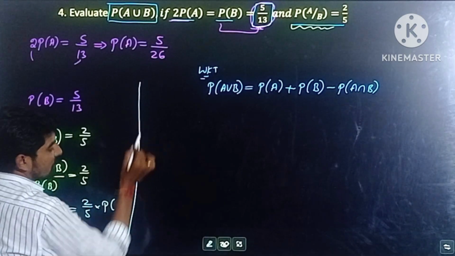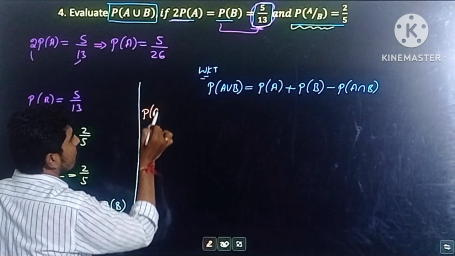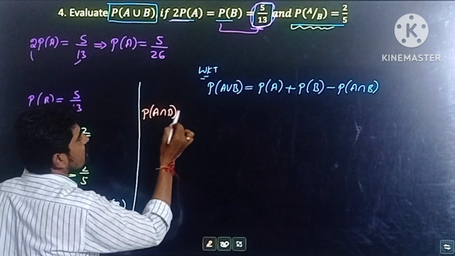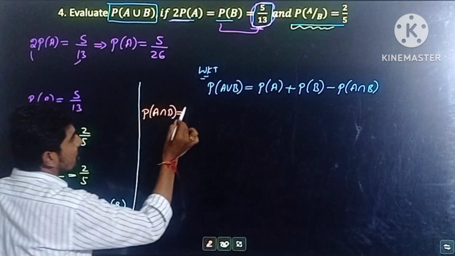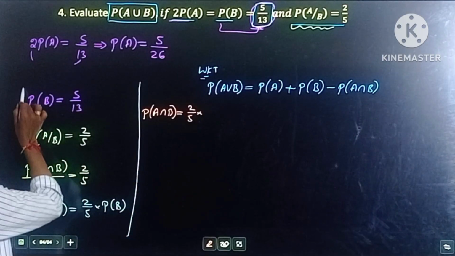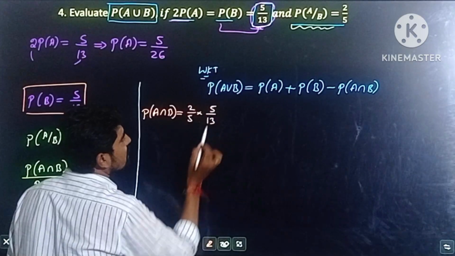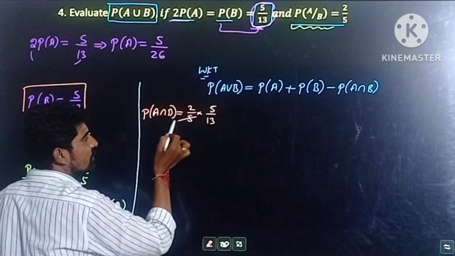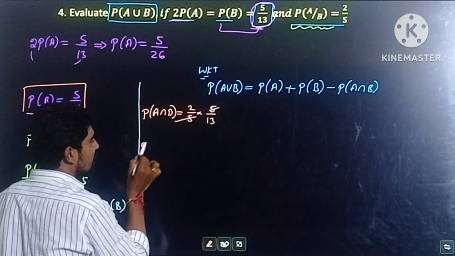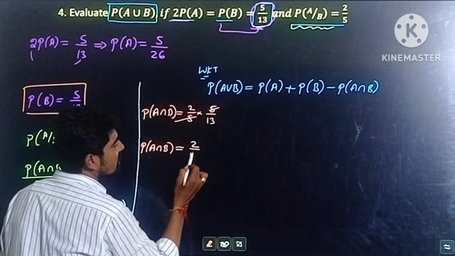So required probability of A intersection B is equal to 2 by 5 into 5 by 13. Here we can cancel 5 and 5. Therefore required probability of A intersection B is equal to 2 by 13.